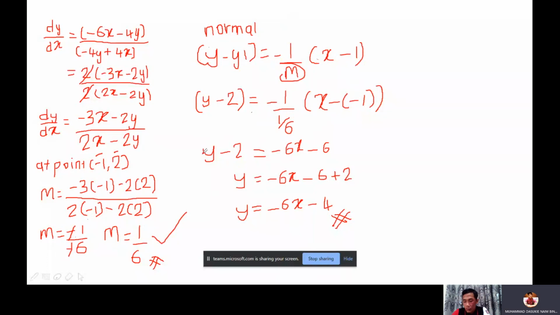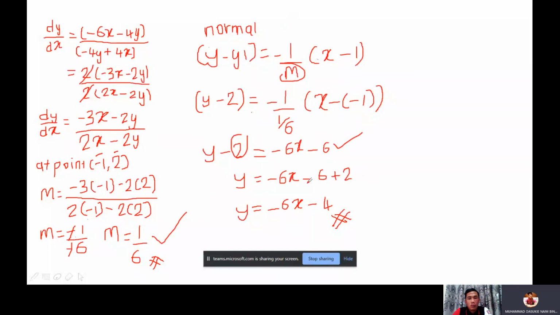And then we can get y minus 2 equals negative, and we solve this equation, we can get negative 6x minus 6. We can get this answer, and then negative 2, we move to the right hand side. Negative becomes positive, so positive 2.